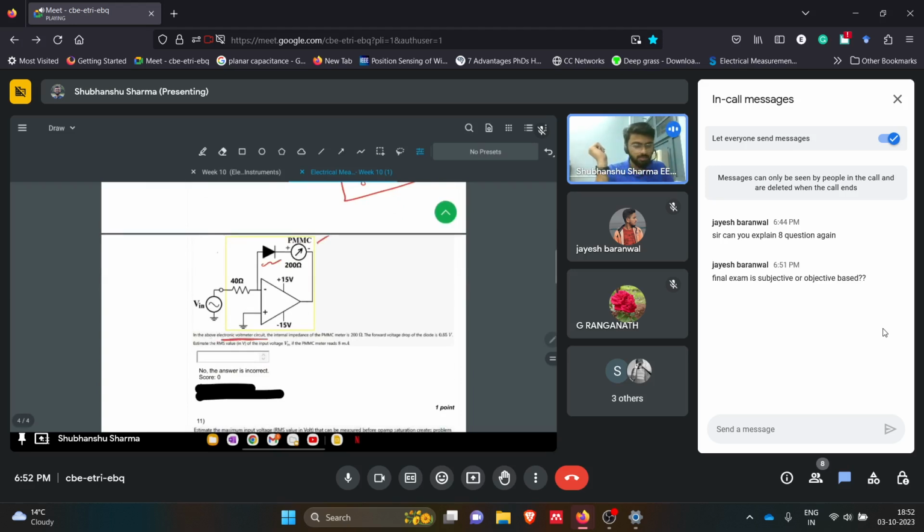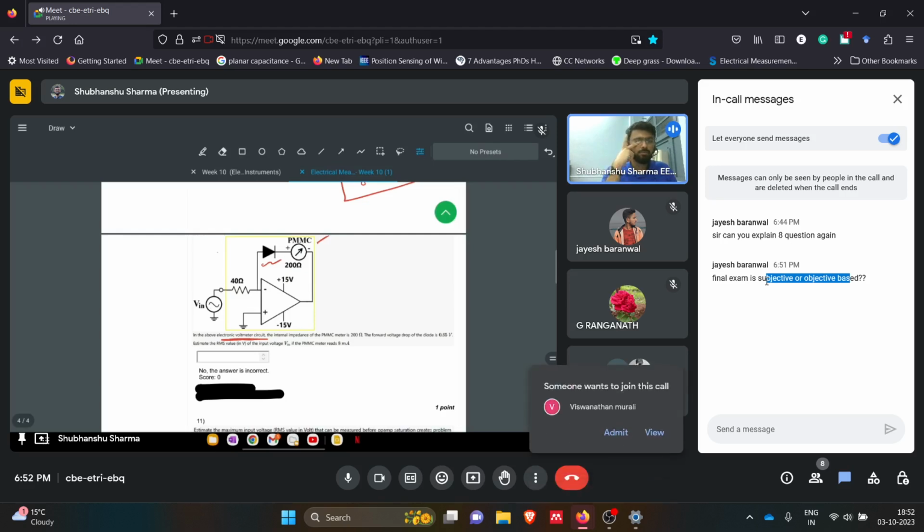This is a voltmeter circuit, and whether the final exam is subjective or objective based, only the professor can tell. But I think it will not be subjective. It will be MCQ based and then numerical.